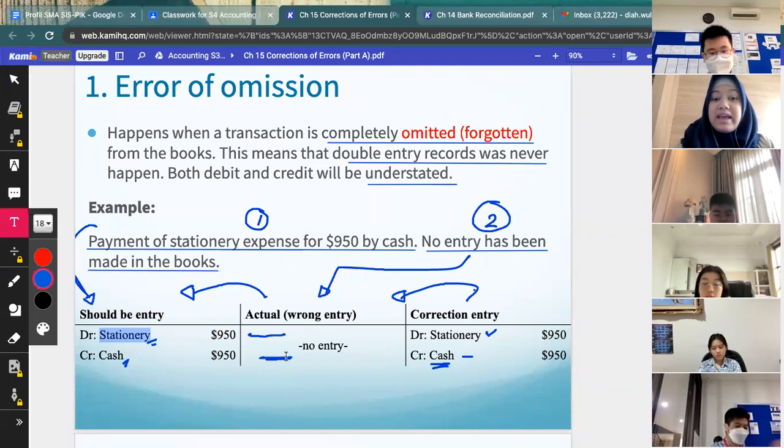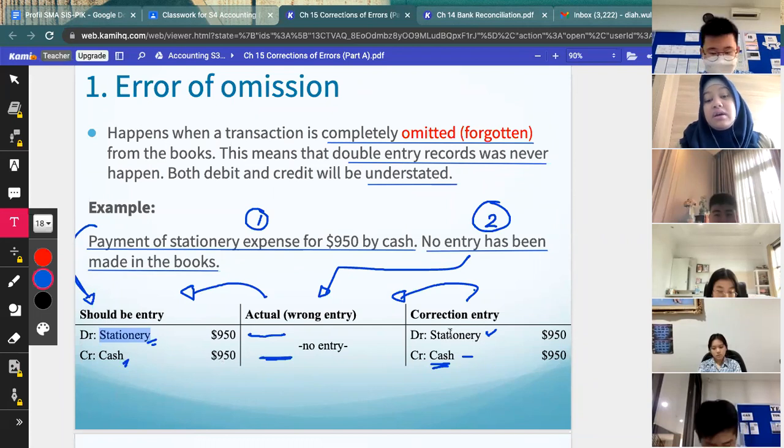Next, let's see the actual one again. Credit entry is 0, it's nothing. When it should be cash, 950. Yeah, when it should be cash. So for the correction entry, we have to add a new entry so that the credit entry has cash in the credit side. So the correction is cash.